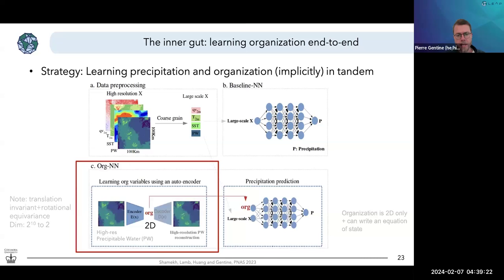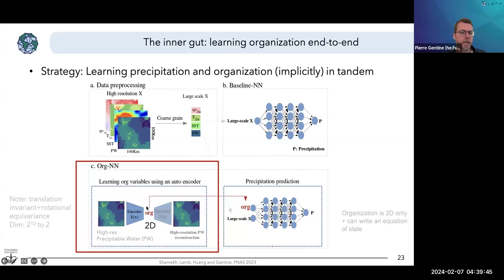And then we try to do a second thing, which is slightly more sophisticated, in the sense that maybe we're missing something at the large scale, and what we'll try to add is embedding some information about the structure that we have at the fine resolution. We are going to be encoding that, so that's what we call an autoencoder, into just very few dimensions.